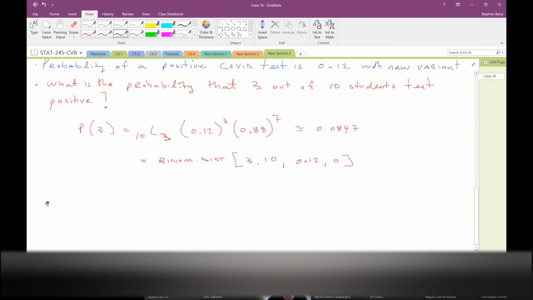Because that's the real question you'd want to be asking yourself: what is the probability that out of 10 students, more than 2 test positive?